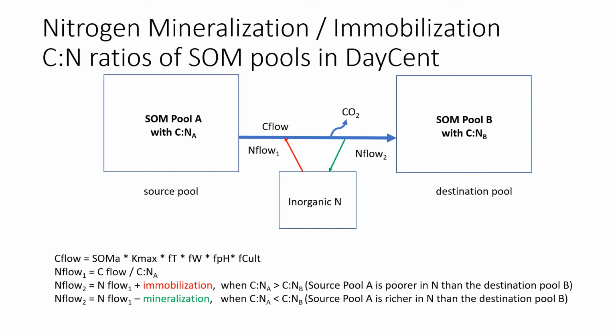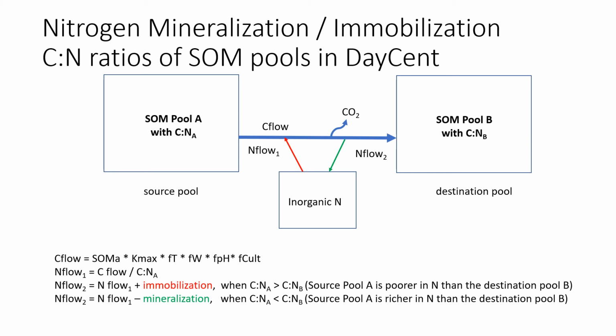So this is a simple way of showing you how DayCent represents nitrogen mineralization and immobilization. There's a soil organic matter pool A, and it has a carbon to nitrogen ratio, C to N of A. And then there's a soil organic matter pool B, and it has its own carbon to nitrogen ratio.